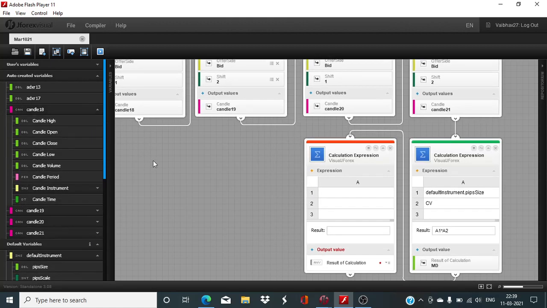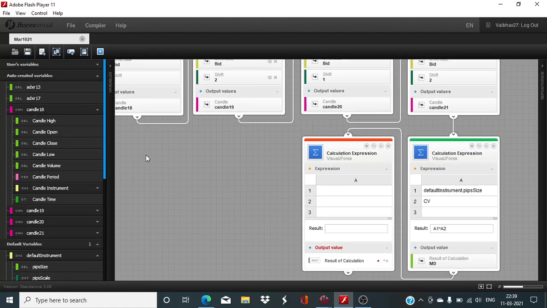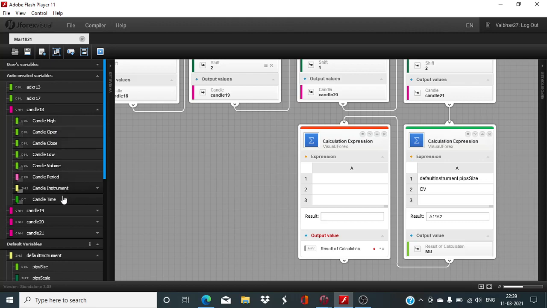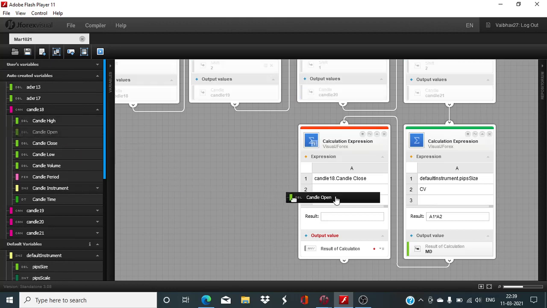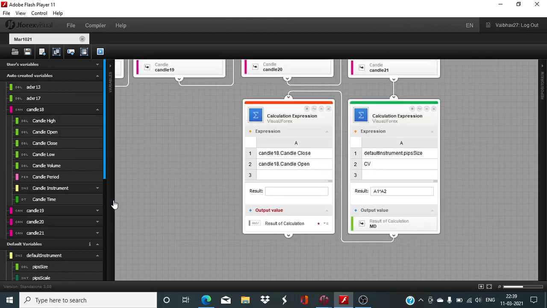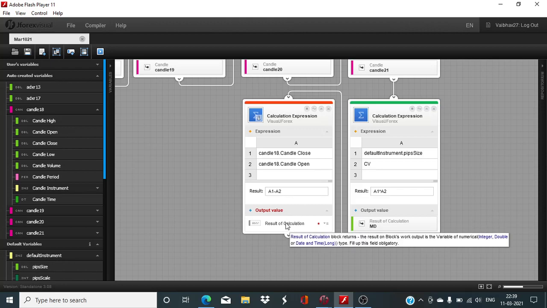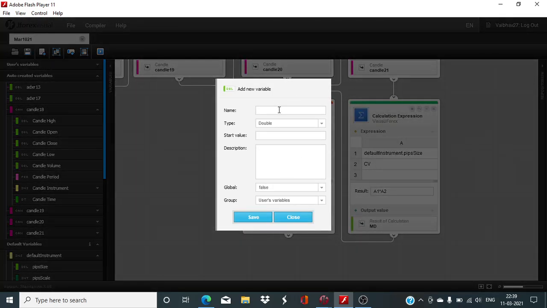So candle 18 is the hourly candle with look back period of 1, and we need its closing value, its opening value, and its result A1 minus A2. This will be the actual difference for the buy trade.